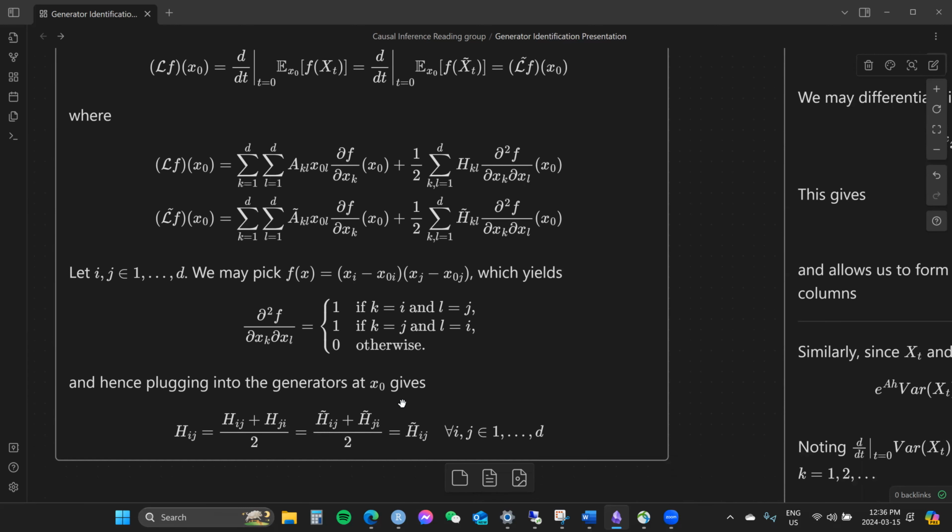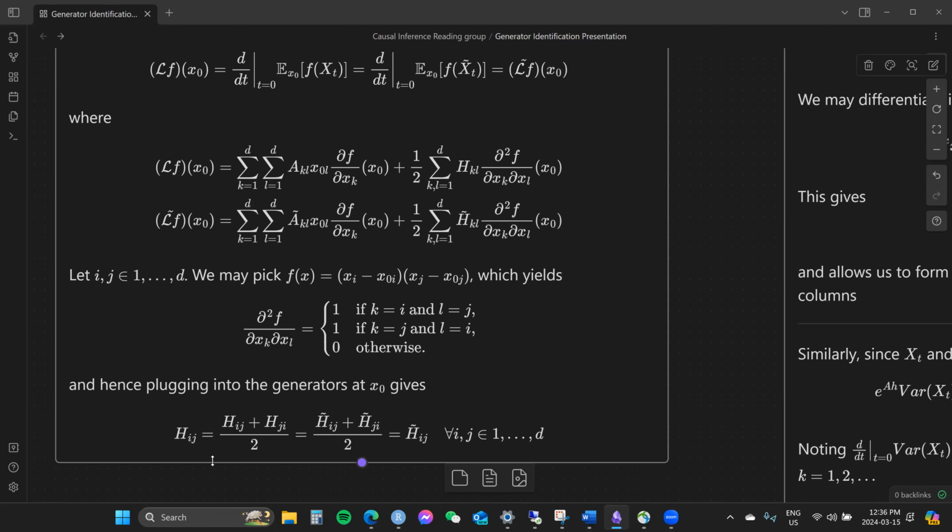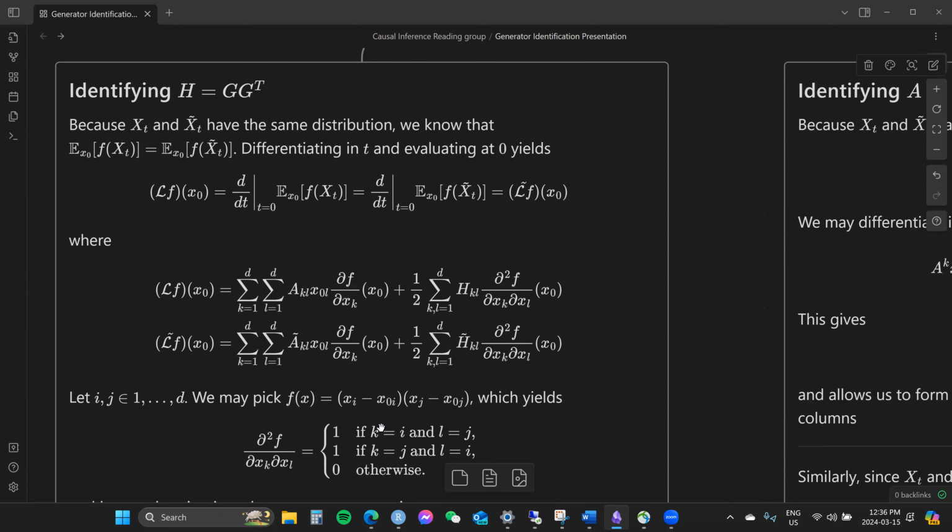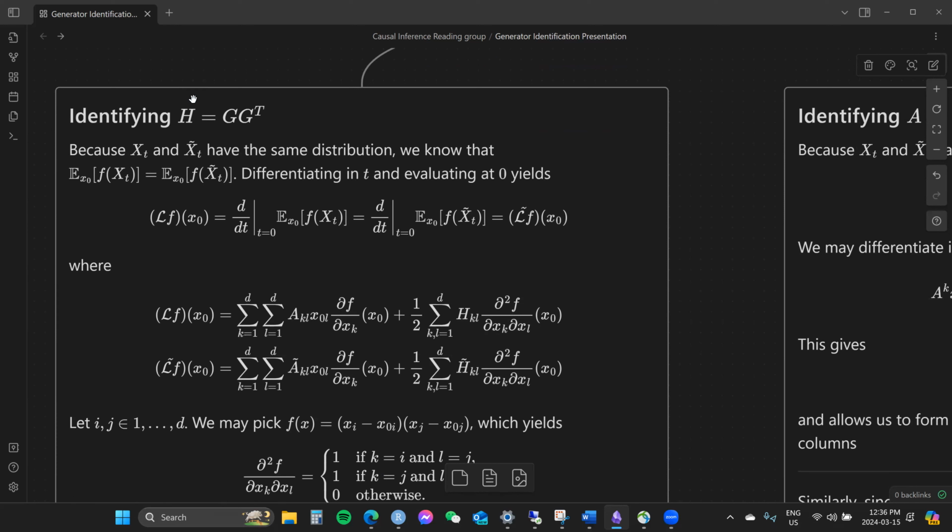So if you only analyze these two, then you'll see that 1/2 of this is the same as this. And then because the diffusion is a Gram matrix, it's going to be symmetric. So this actually concludes right away that the second parameter, the diffusion one, will be the same if you have the same distribution.